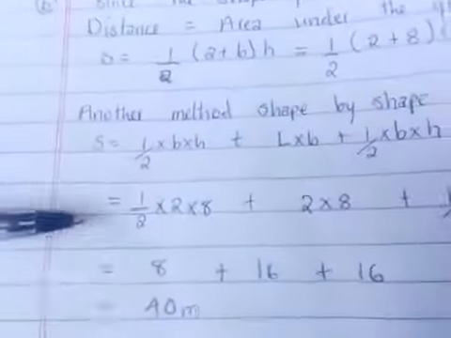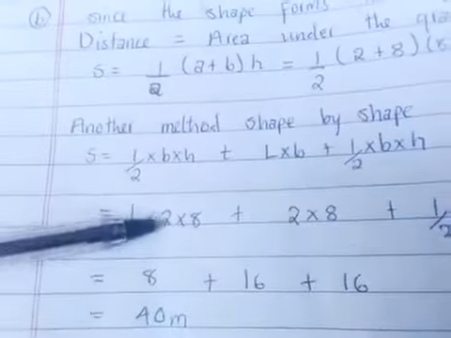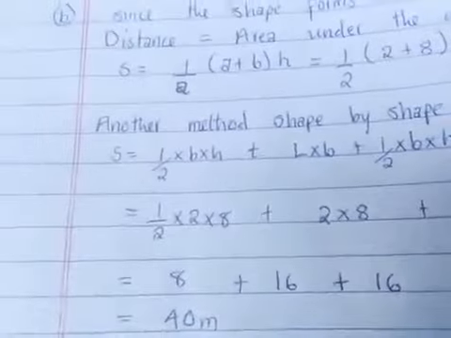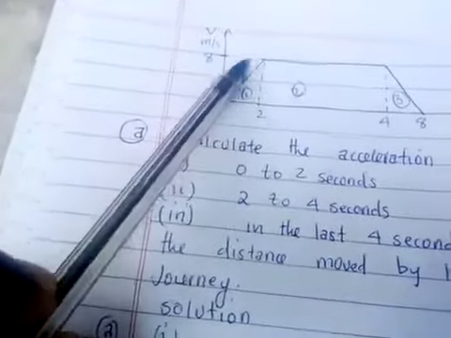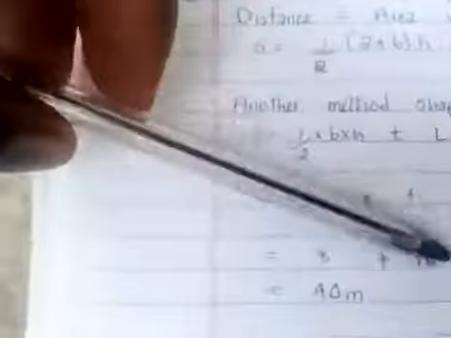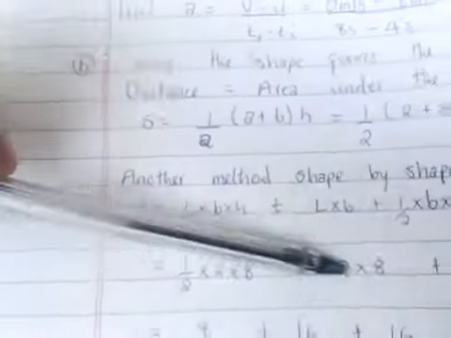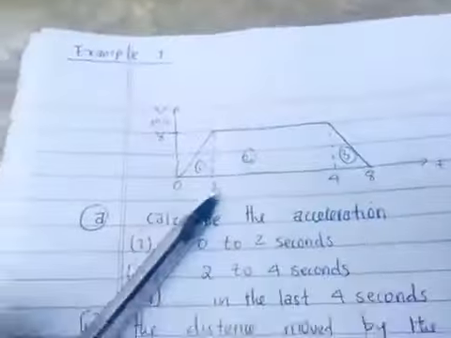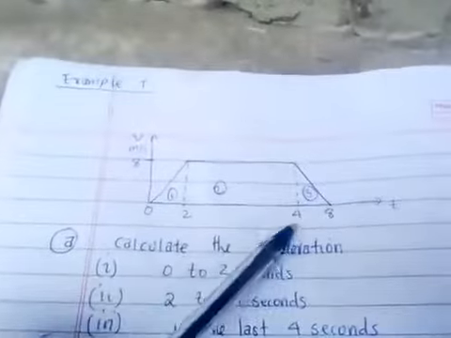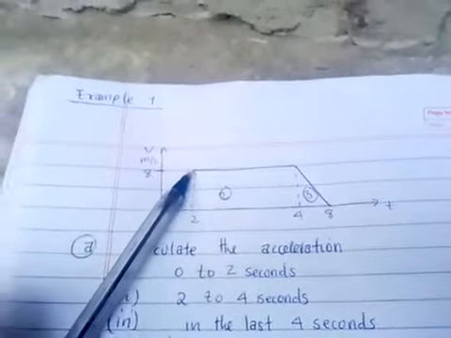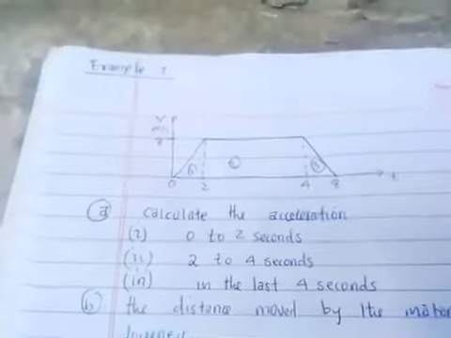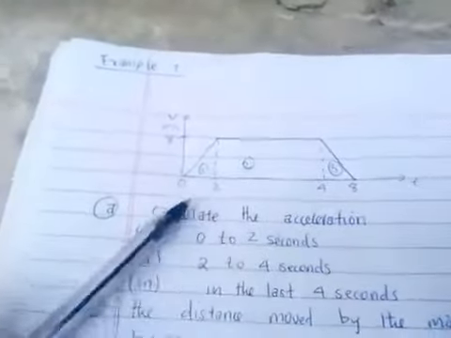So you put in the values: half, the base of the initial triangle, the figure 1, the base is from here to here, which is 2, and then the height is what? 8. So those are the values I was writing here. And then for the rectangle in the middle, the length is 4 minus 2, which is 2, multiplied by the height, which is 8.